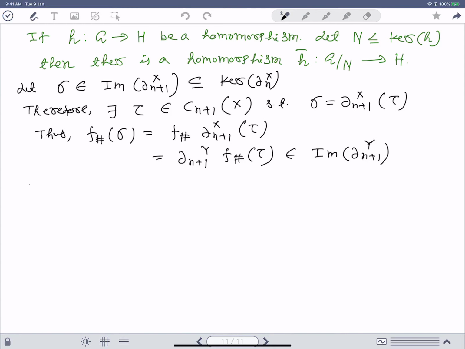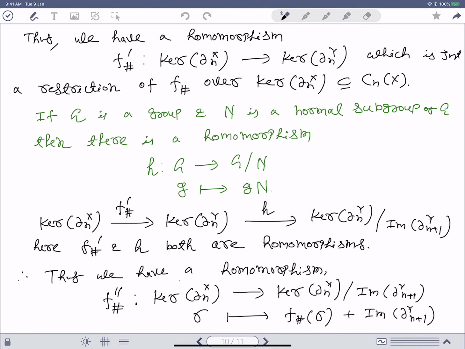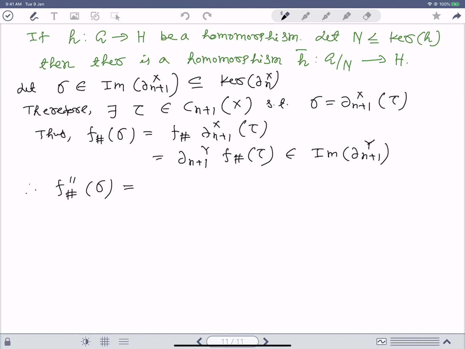Therefore, what will be my f hat double dash sigma? That will be f hat sigma plus image of del n plus 1 y, right?